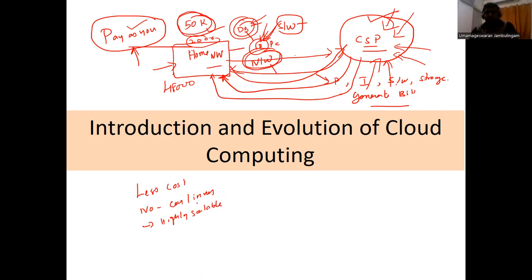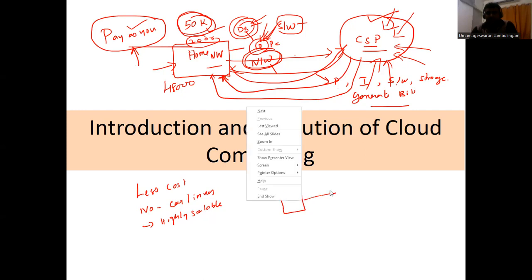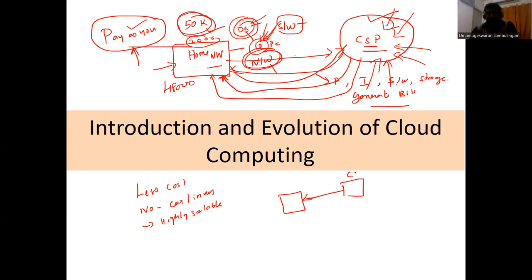Highly scalable in the sense that, if I'm trying to use a database from the cloud service provider, and we call the user a cloud consumer, this cloud consumer sends the request, and currently the consumer is using 40 GB of space from the service provider.